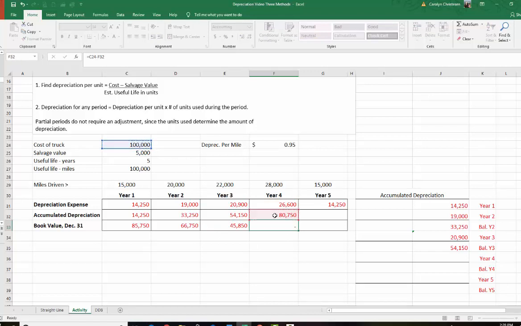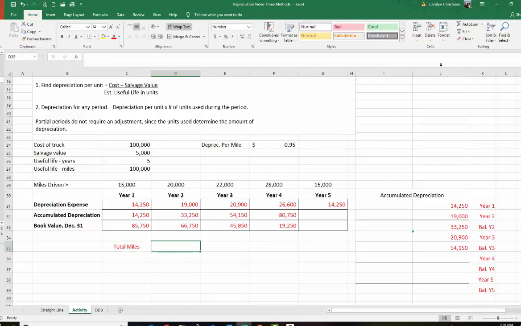Now, in this particular case, let's do total miles. So let's do a sum of all of the miles we drove. It happens to be exactly 100,000 miles. Unlikely in real life, of course, but in this case, it's exactly 100,000 miles.